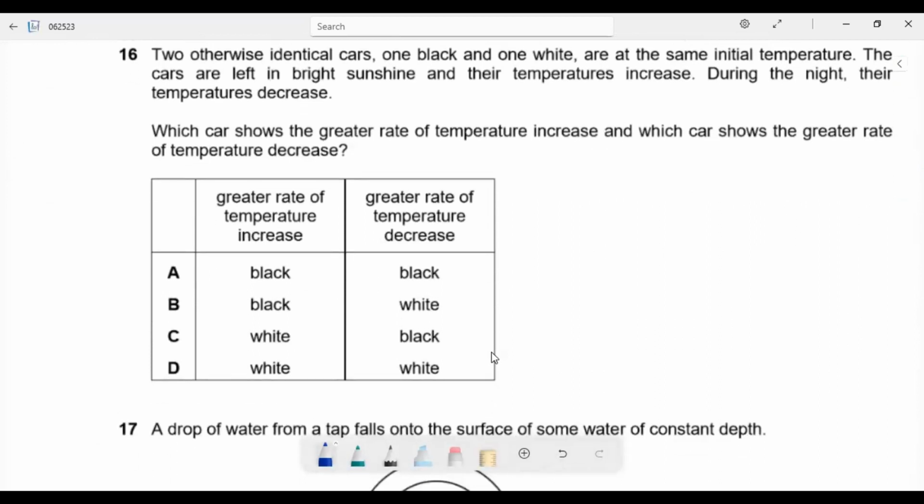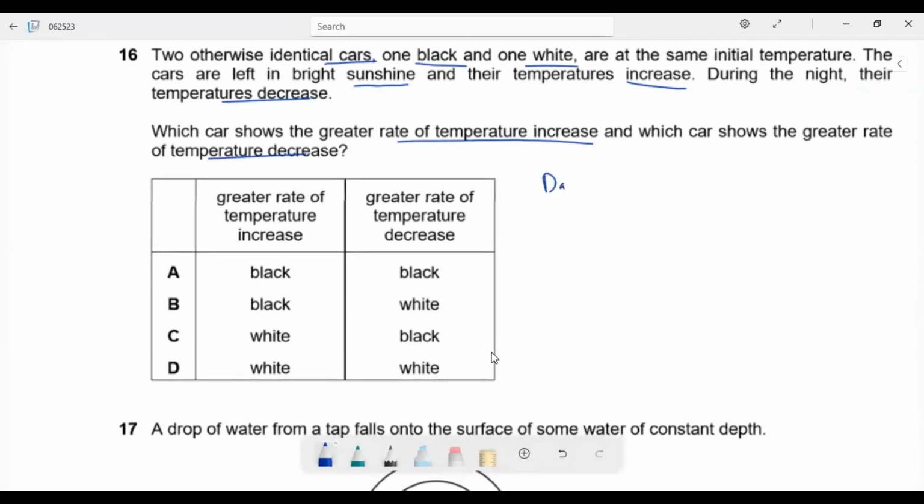Two otherwise identical cars, one black in color and one white, are at the same initial temperature. The cars are left in bright sunshine and their temperature increases. During the night, the temperature decreases. Which car shows the greater rate of temperature increase and which shows the greater rate of temperature decrease?